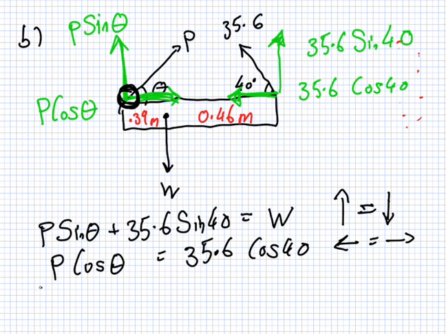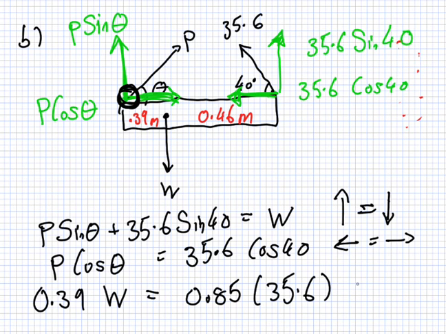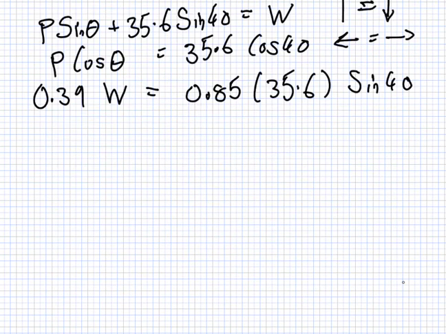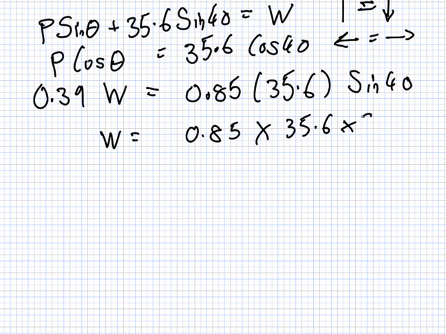So we have 0.39 W must equal 0.85 times 35.6 times sine 40. Therefore, W equals 0.85 times 35.6 times sine 40 all over 0.39.